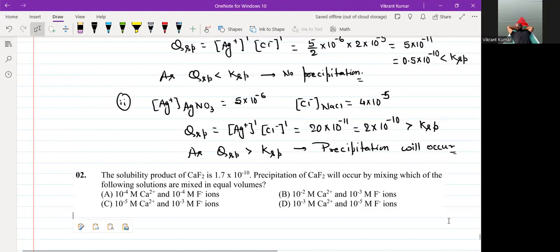Solve this one. And you can have one or more than one correct option.